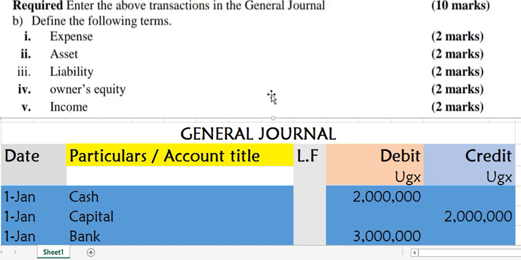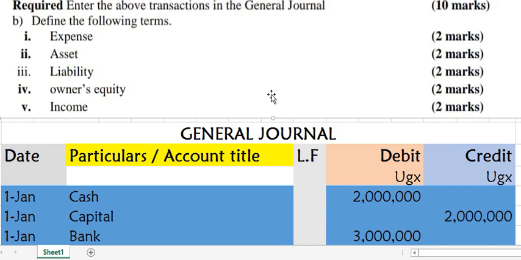An asset is a present economic resource controlled by the entity as a result of past events. A liability is a present obligation of the entity to transfer economic resources as a result of past events.